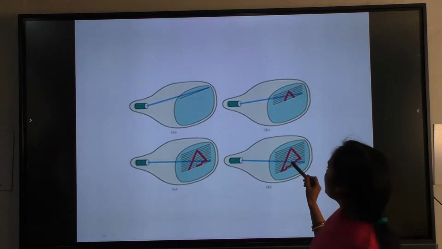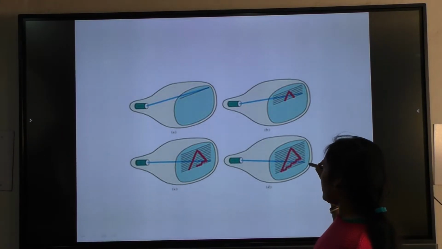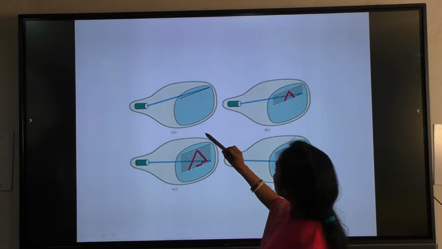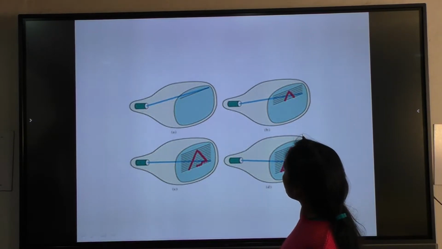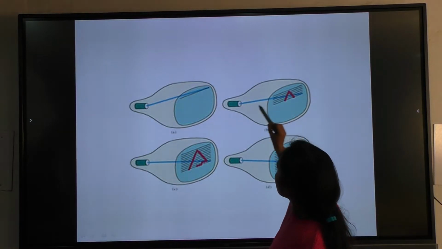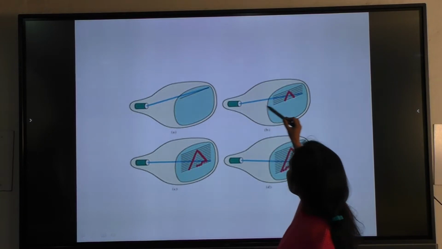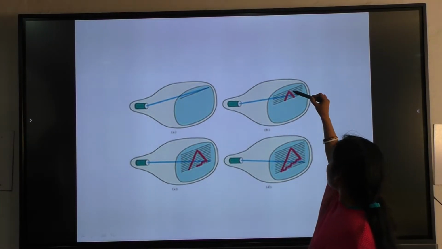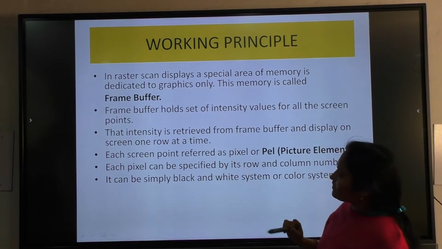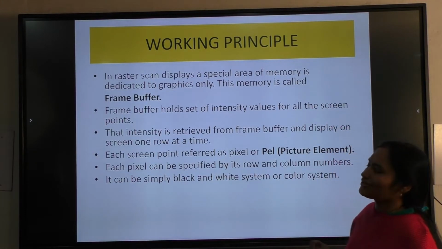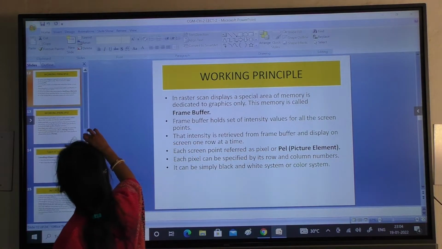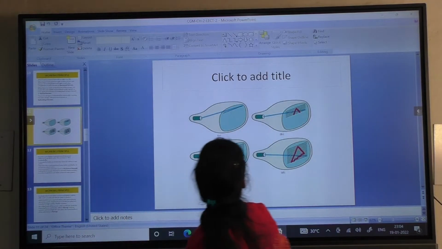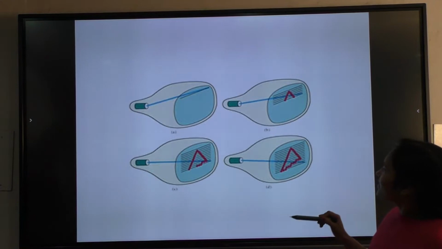In this figure, it will draw a triangle, and it shows how it scans the lines one by one, and how the dots or pixels are positioned. In the first line, only the top pixel of the triangle is displayed.